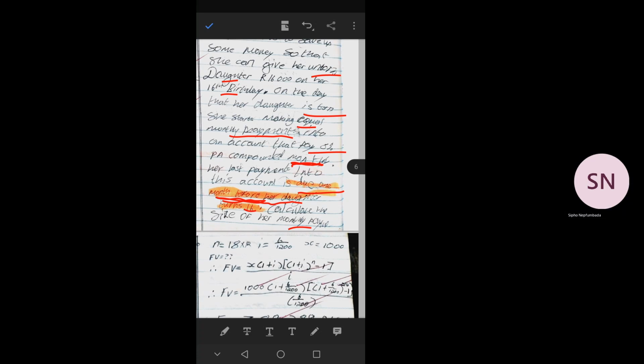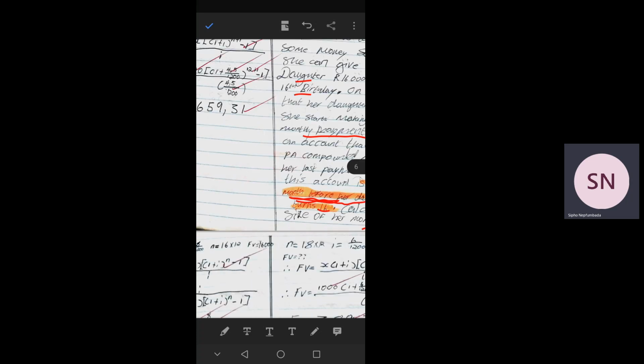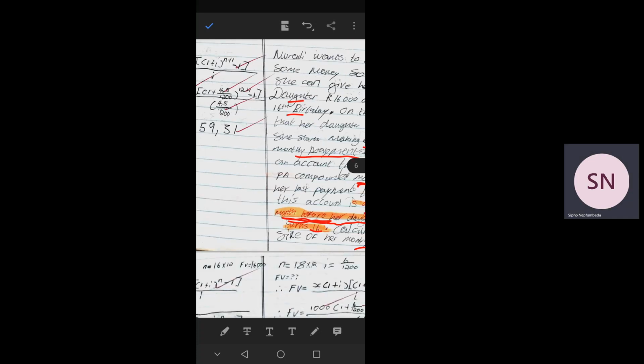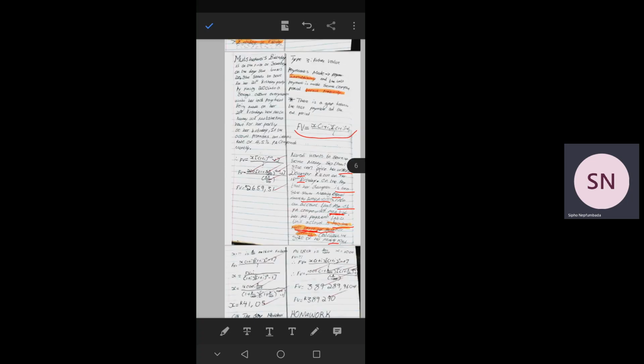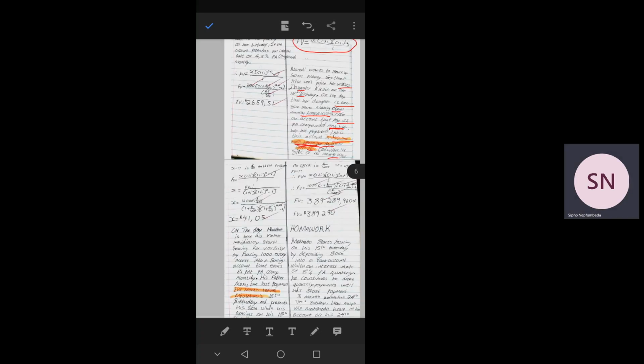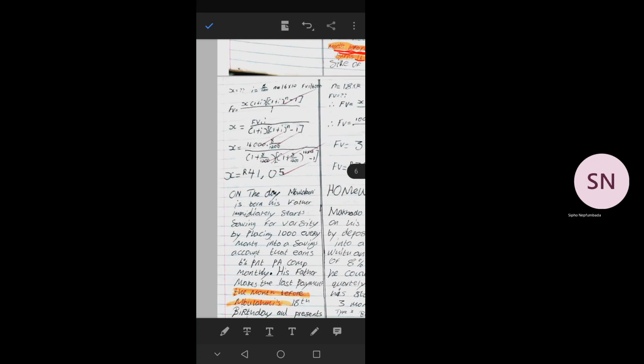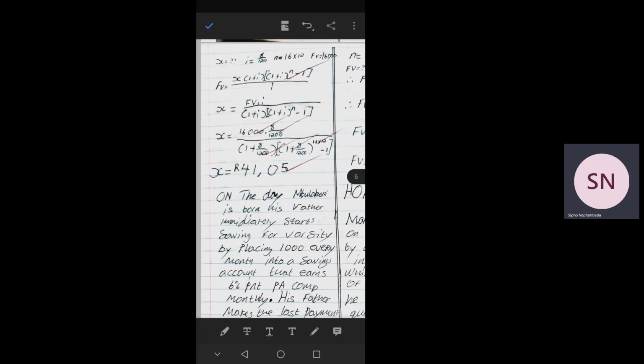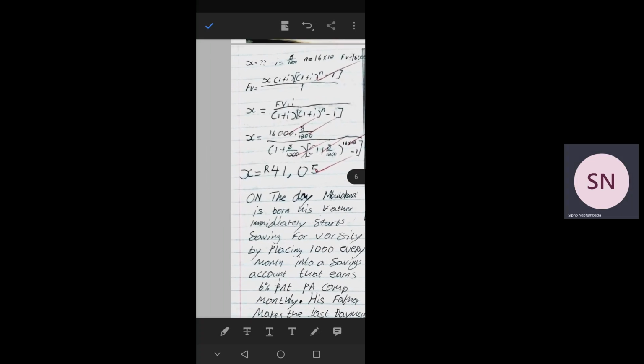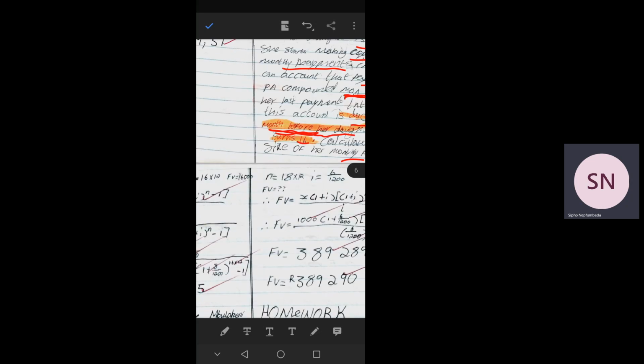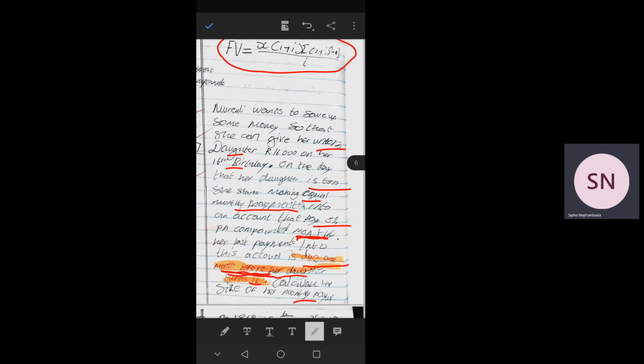So N actually has to be 18 times 12. So this is out than the X. N actually, returning on the 16th birthday.